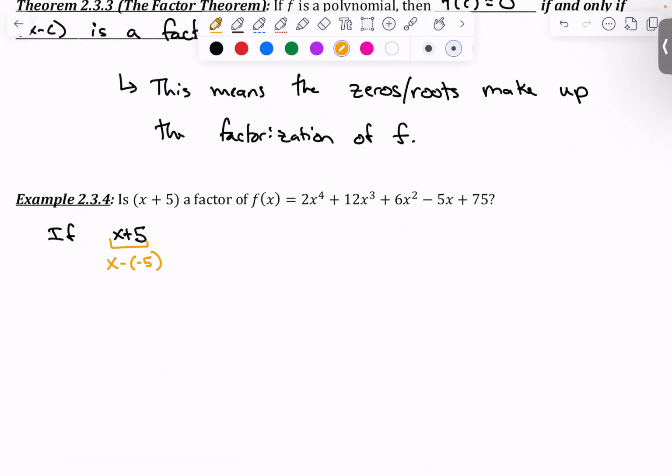If that was a factor, then f of negative 5 would equal 0. If it was a factor, then by the factor theorem, f of c would be equal to 0. Now, we can use a calculator to check it, or I have a reason for doing this. We'll use the remainder theorem to check this.